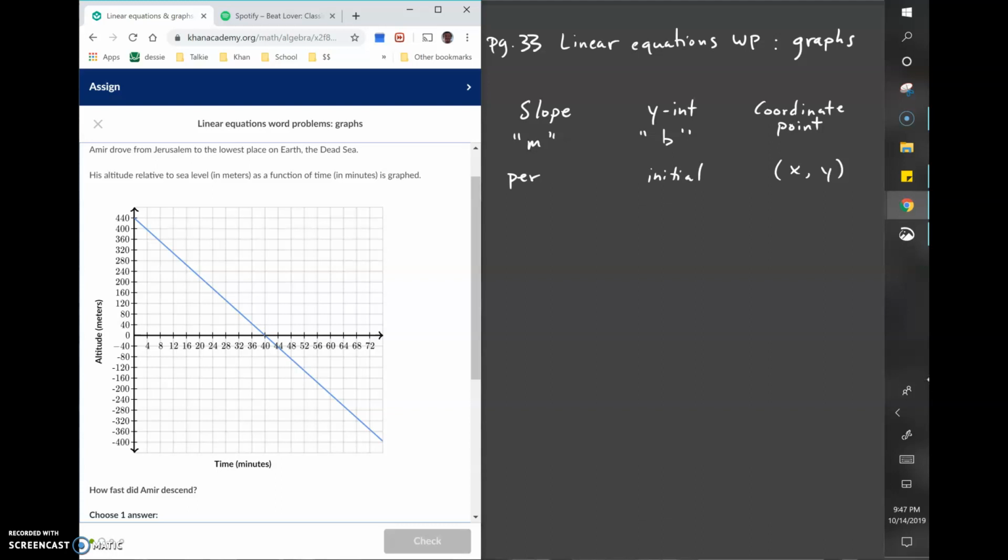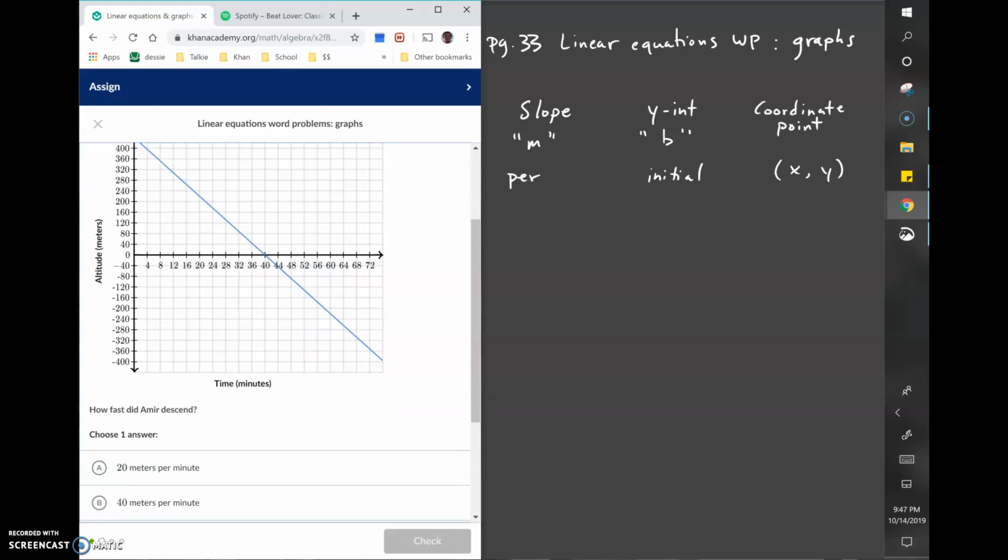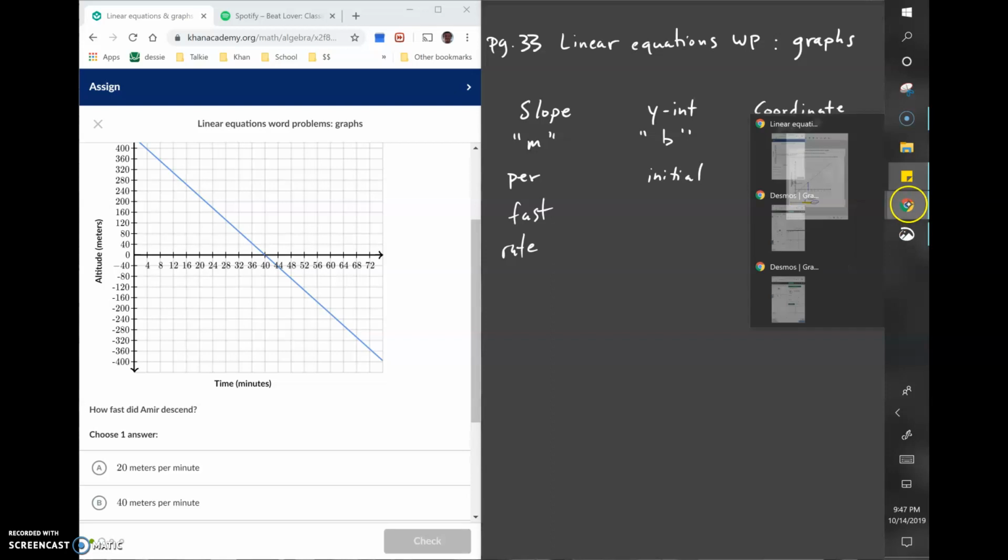So he gets to the Dead Sea, and then he steps in the sea, and now he's technically below sea level after 40 minutes. Cool? How fast? So we know it's fast. So I'm going to put that word under slope, because fast is a rate. What's the rate that he's descending? So it's asking us for the slope.